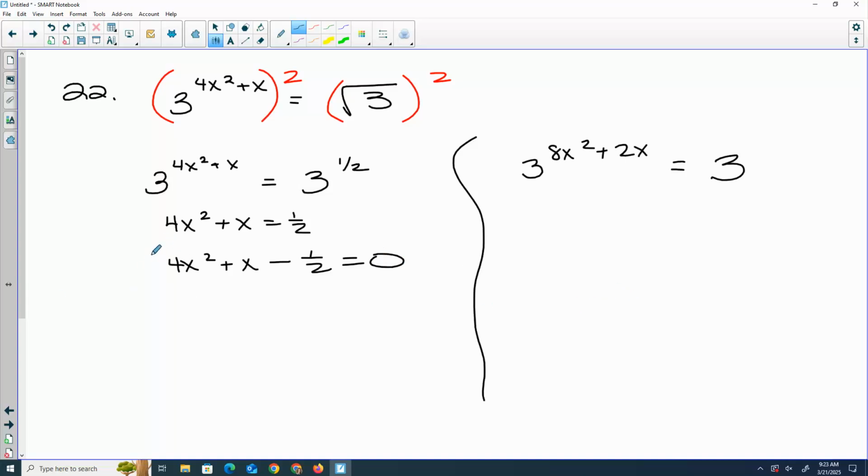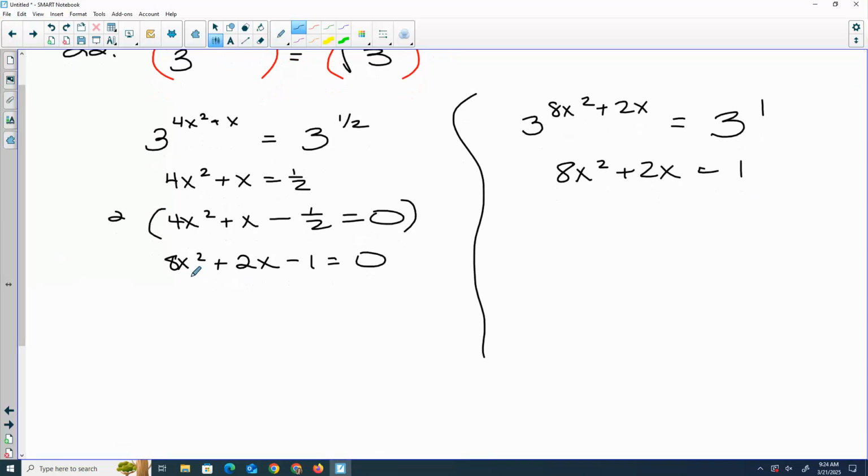You could, if you want to get rid of your fraction, multiply everything by 2 at this point. You could also have gone just straight into slip and slide there. But let's do this. That's what you would be at if you had done this problem, because that was 3 the first. So you would get to the same point.